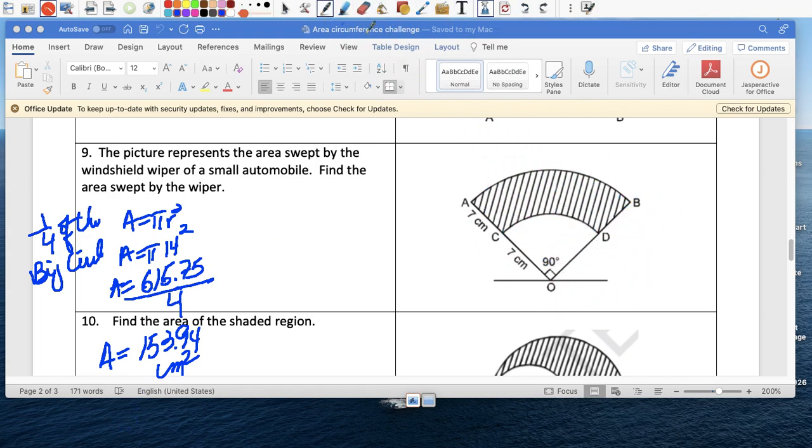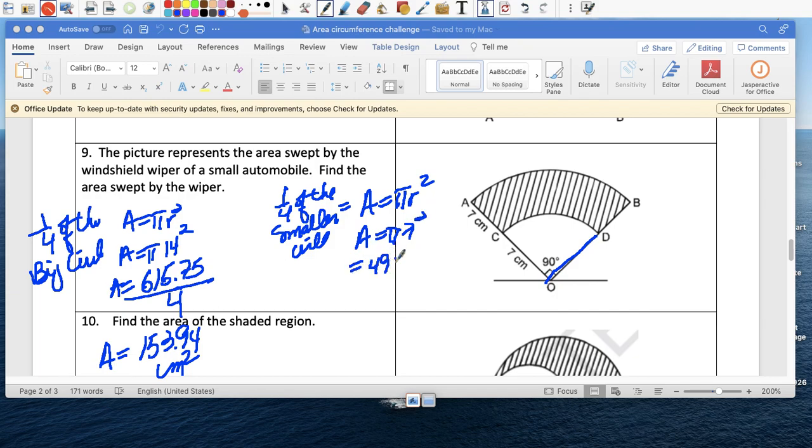Let me erase that. Now there's another quarter circle here, so from the quarter circle we just found, I'm going to subtract a smaller quarter circle. Let me write one fourth of the smaller circle: A equals pi r squared, and the radius for the smaller circle, this radius right here, is 7, so 7 squared gives us 49 pi.